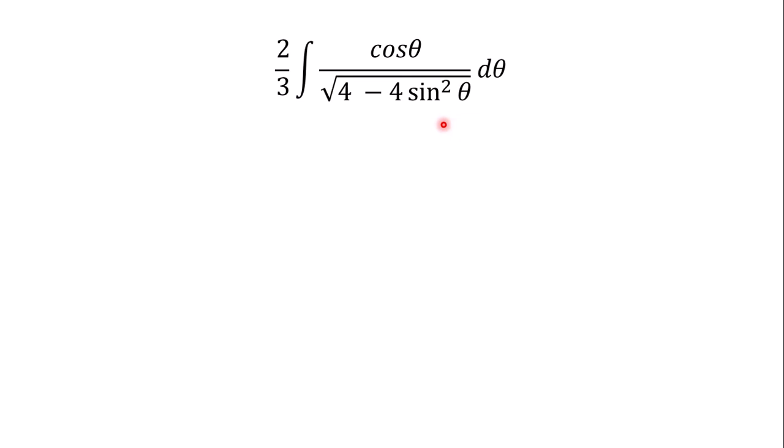So here we can factor out the 4. And when you factor out the 4, remember all of them is under the square root. Applying that multiplication law here, the square root will also remain on the 4. So when you factor out the 4, you are going to get square root of 4 times square root of 1 minus sine theta squared.